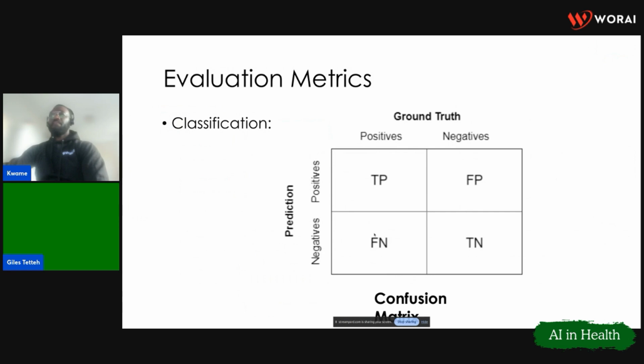False negatives are basically the positives that you predicted as negative. You take the positives from your ground truth and compare them to your prediction. How many of those positives did you predict as negative? That is basically your false negatives. So it's a comparison of your ground truth and your predictions that gives you those values. I hope it's clear.